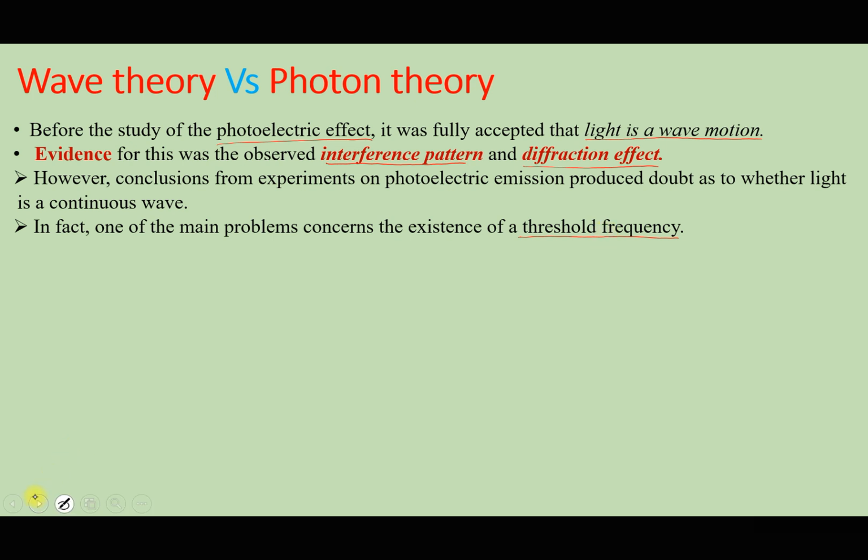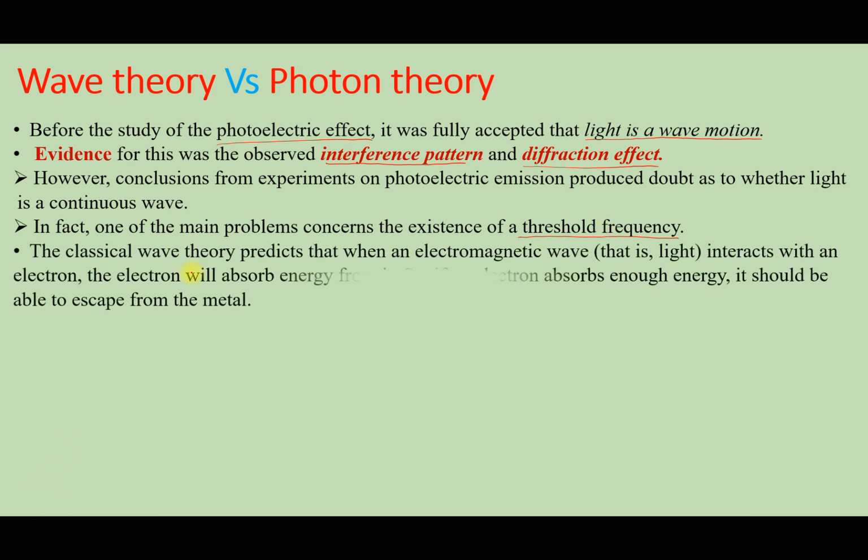So the classical wave theory predicts that when an electromagnetic wave, that is light, interacts with an electron, the electron will absorb energy from it. So if an electron absorbs enough energy, it should be able to escape from the metal, if light is a continuous wave.